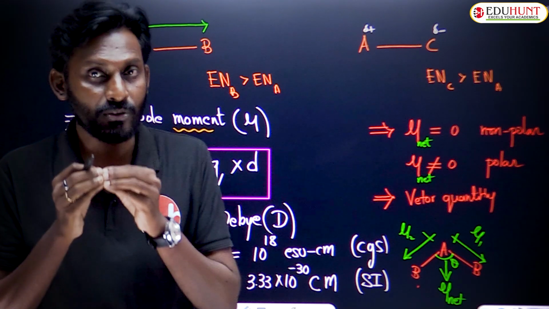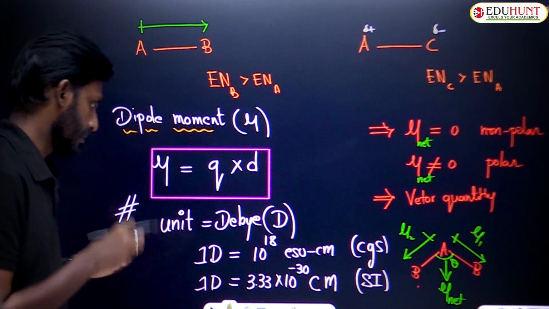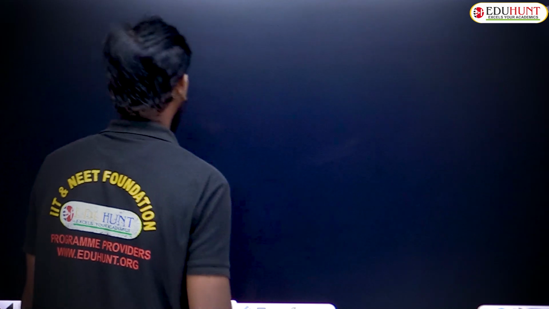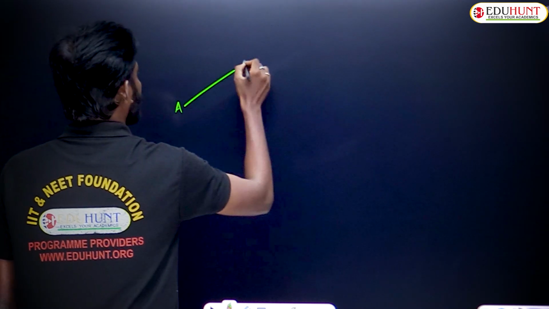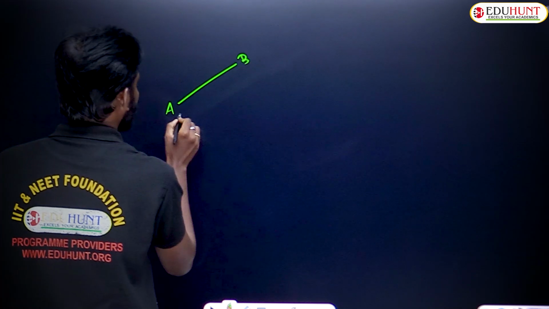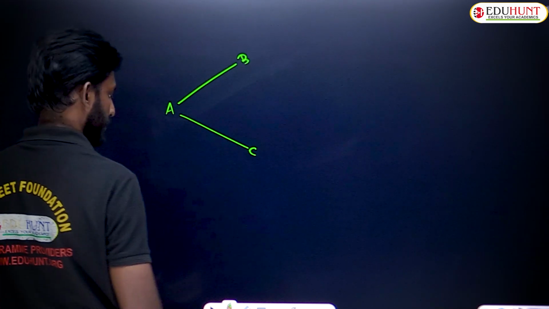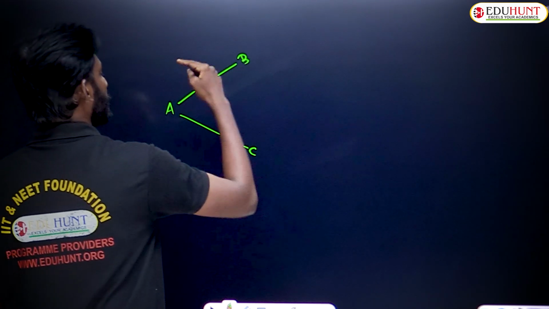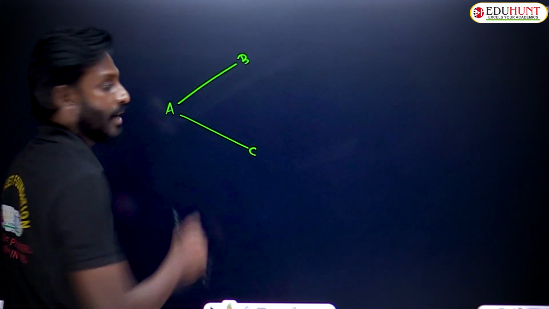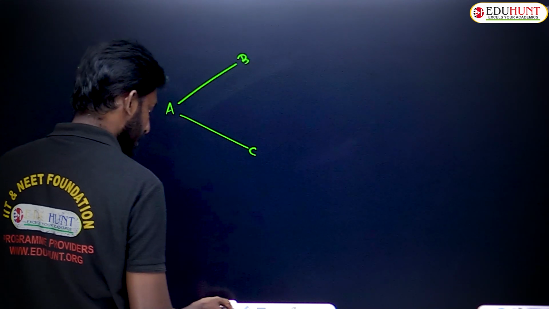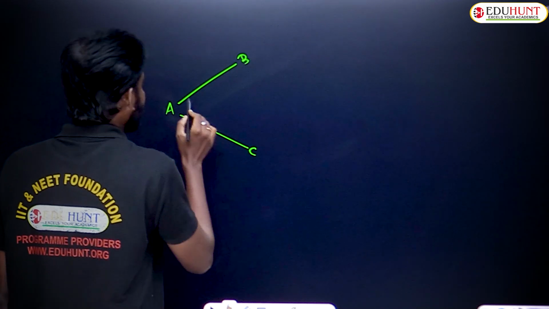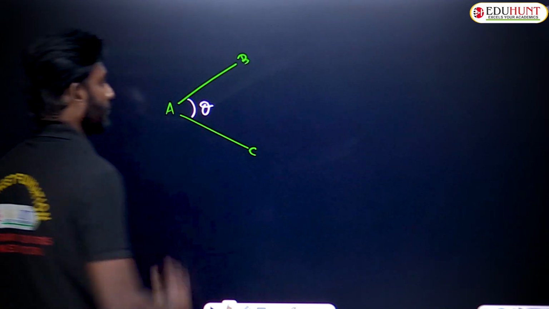Resultant vector calculation, by the formula, let me give you. Suppose there is a bond like this, AB, AC. Compared to A, B is more electronegative, compared to A, C is more electronegative, both are polar bonds inclined at an angle theta.